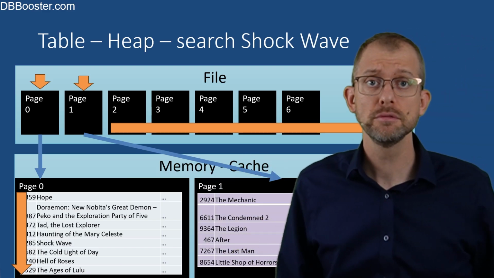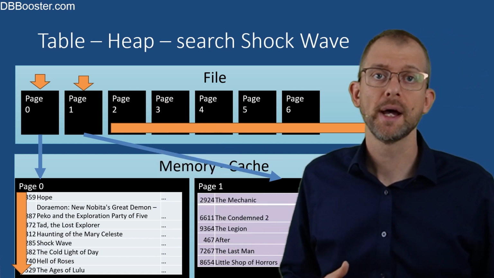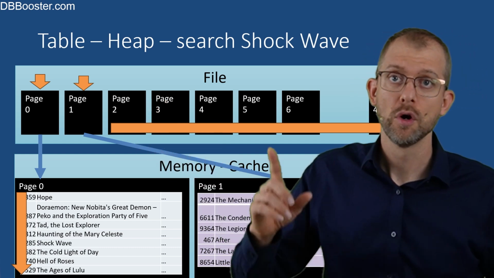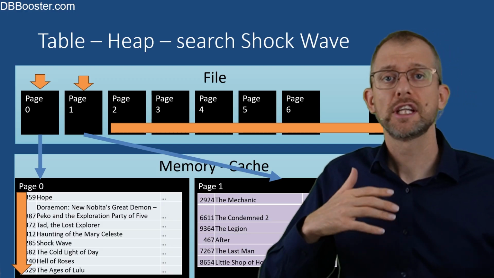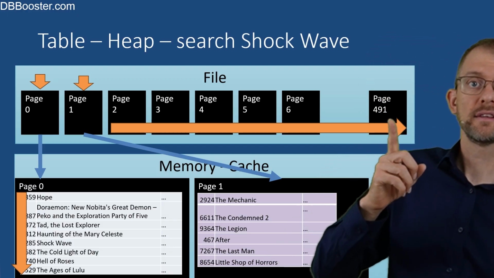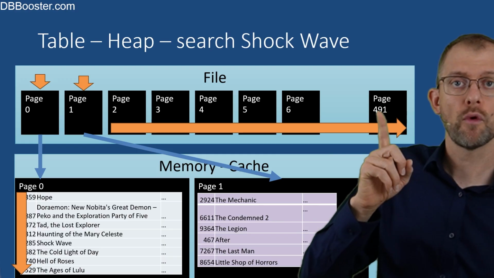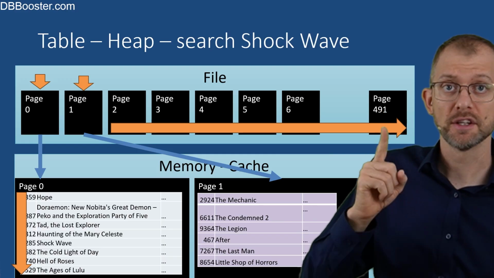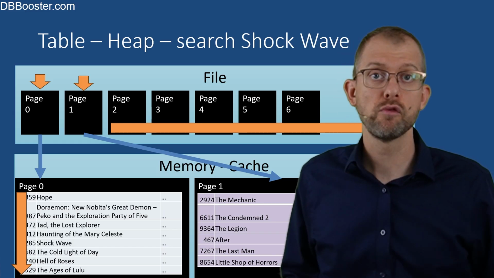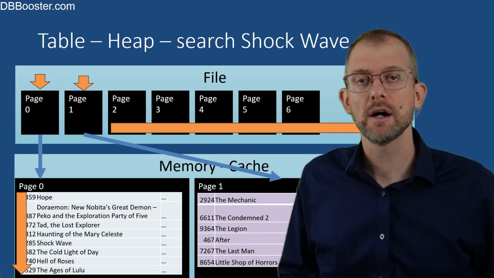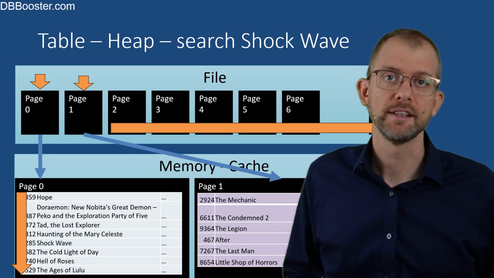Then page 2, page 3, page after page, row after row, 4, 5, 6, and it just keeps going until at last I reach page 491, the very last page of my table. Only then do I know for sure that I found every copy of Shockwave.